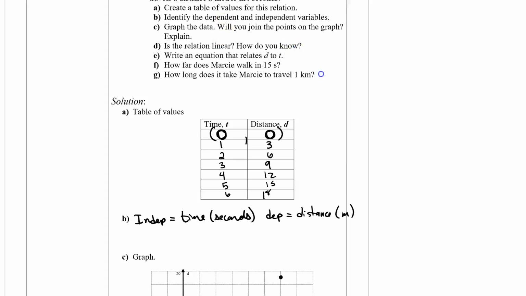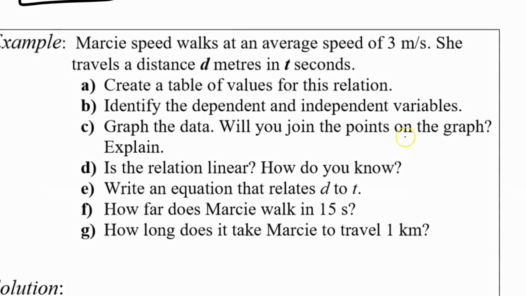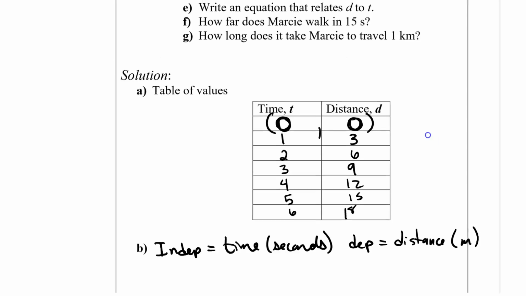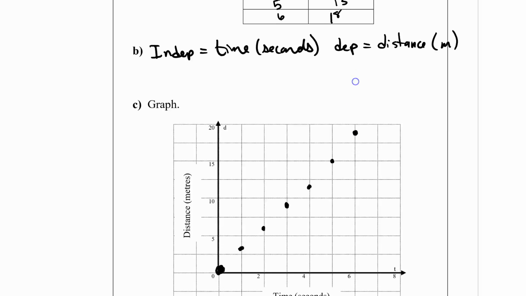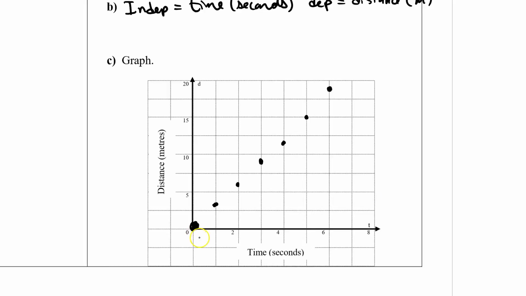Now the question here is, will you join the points on the graph? Explain. The question to ask here is, is there something like 1.5 seconds? Yes, that is a quantity that exists. Is there such a thing as 1.5 meters? Yeah. So since there are partial answers, or like half meters or half seconds available, we can connect these dots together.